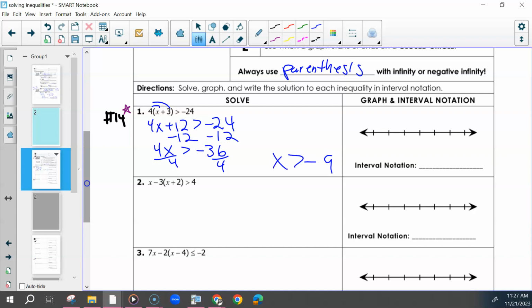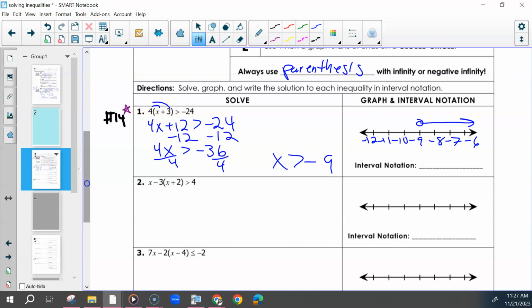Let's go ahead and graph that part, and then we'll talk about the interval notation. Open or closed? Open. To the right or to the left? To the right. So this would be everything greater than negative 9. Okay, so your interval notation, you're going to write where does it start, where does it end.